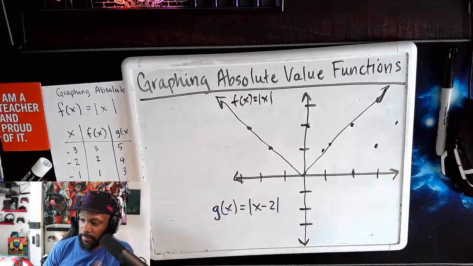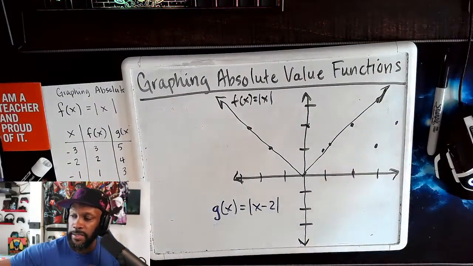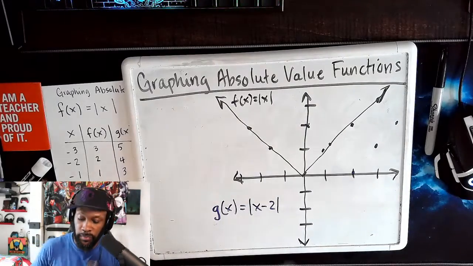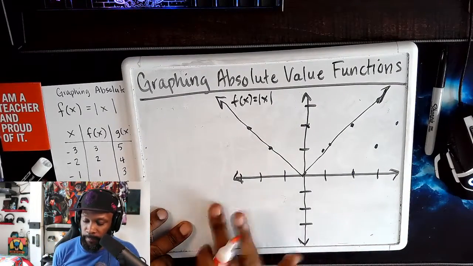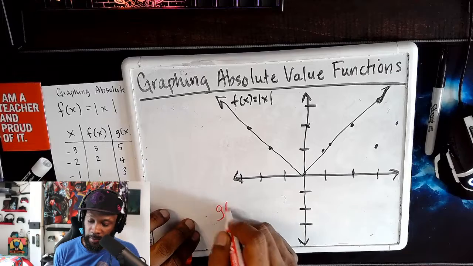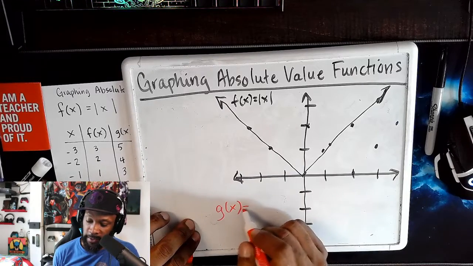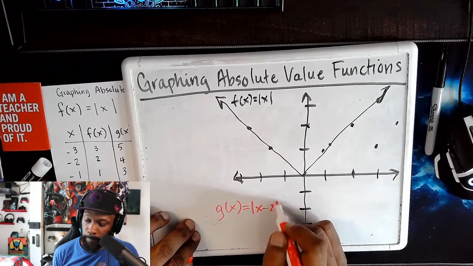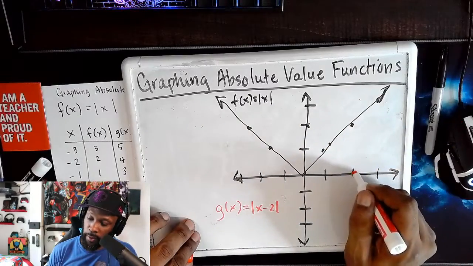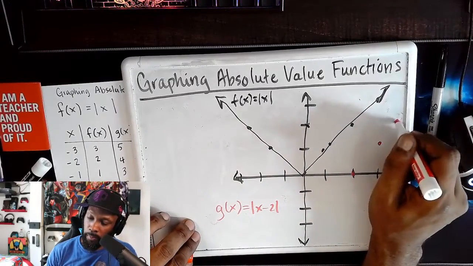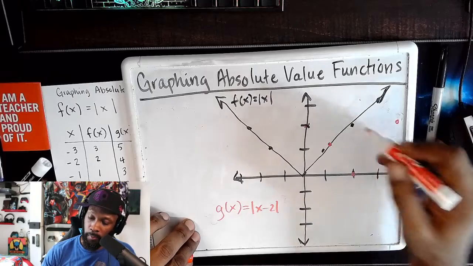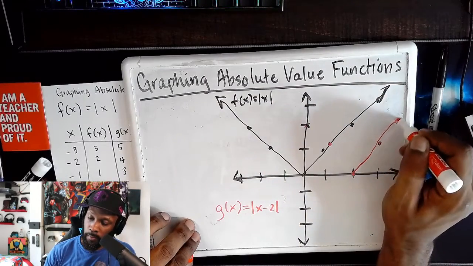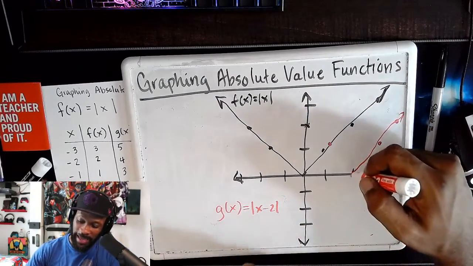Now, it might be tough. I'm going to go with a different color so you can really see it stand out here. G of x, I'm going to do it in red. I really want it to stand out so you can see what's happening. So if I switch over to red here, boom, boom, boom, boom. It's not the best, but hey.